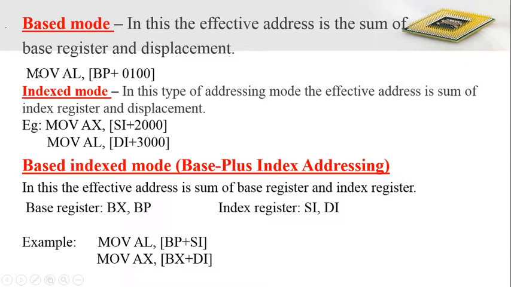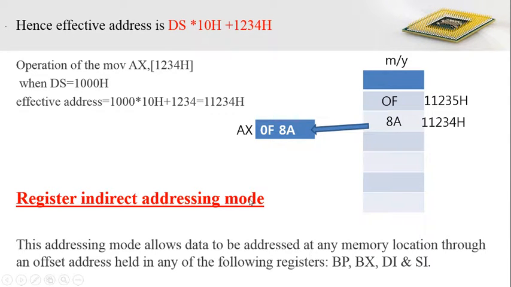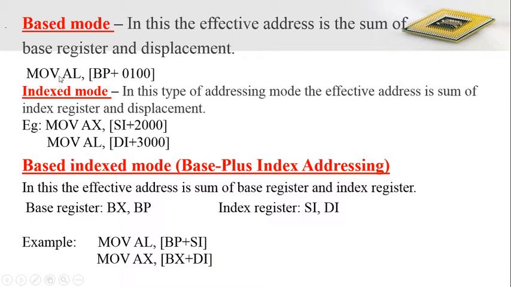Here the effective address, or the offset value, is represented as a sum of a base register and a displacement value, and the instruction looks like this. Okay, this is actually a modification of the register indirect addressing mode. Like here the displacement value is available through a base register, along with the displacement value.